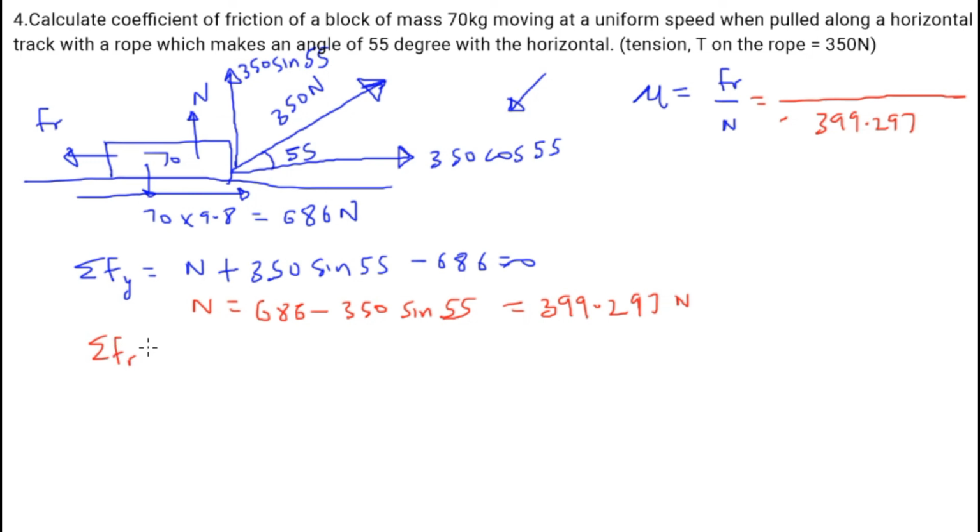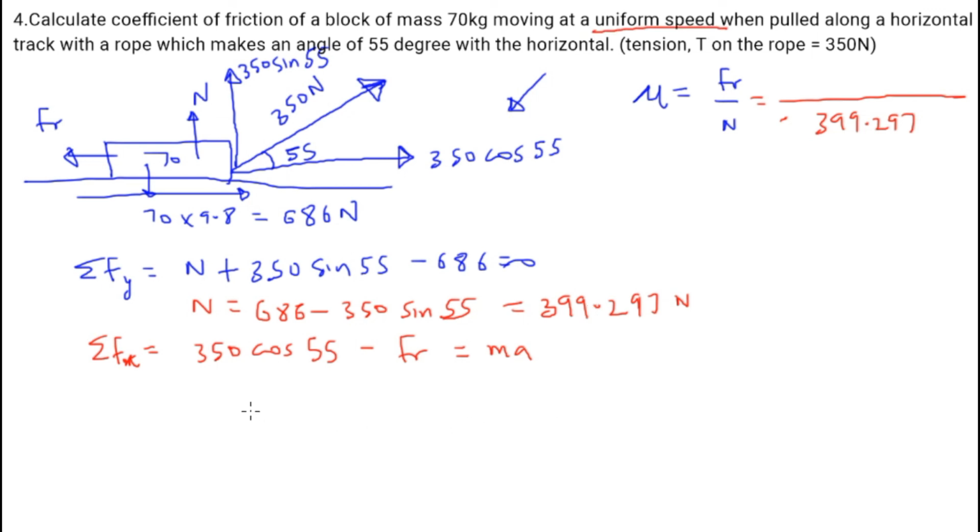So let's find an expression for the frictional force. Summation of force on the x-axis is equal to 350 cosine of 55 degrees, then minus Fr, which equals ma. Notice that m is the mass of the object and a is acceleration, but the object is moving at a uniform speed.